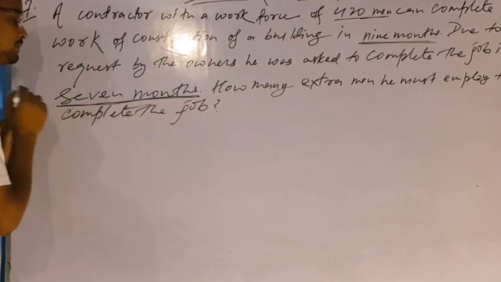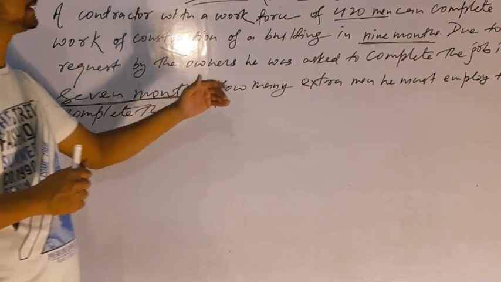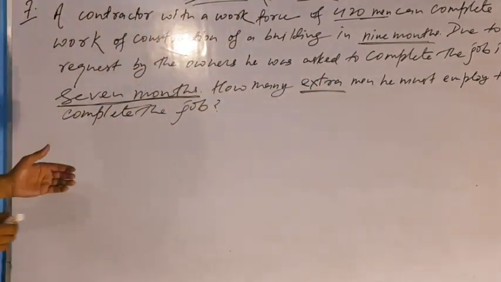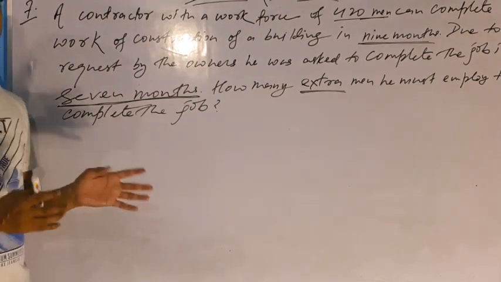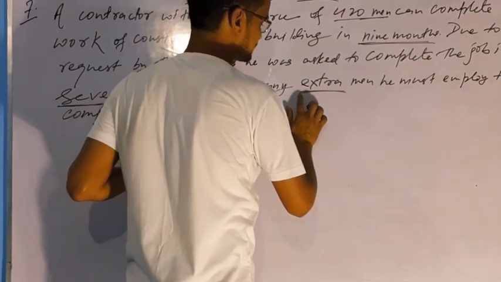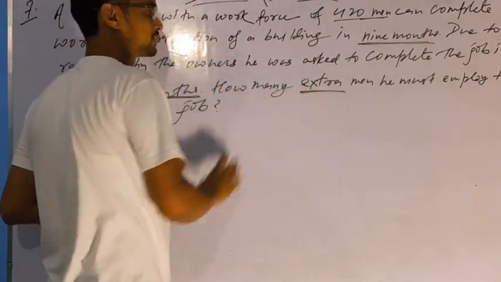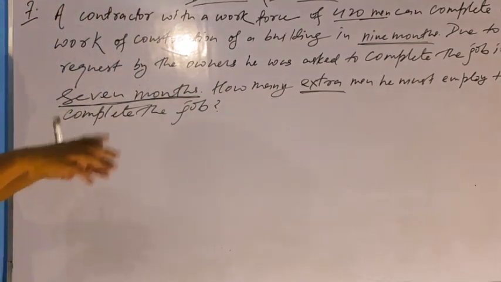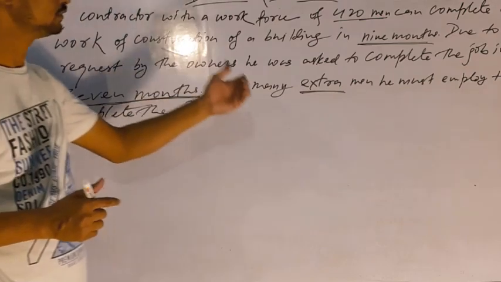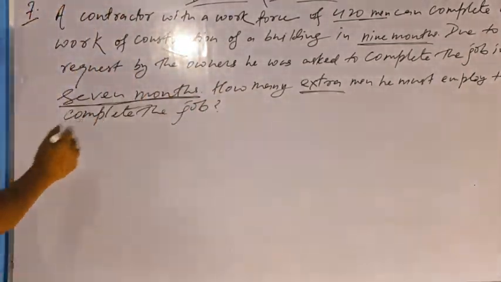That means the time taken is less. How many extra men must he employ to complete the job? Consider the point that the answer is asked as how many extra, not the number of workers to complete that job. Number of extra men involved to complete the job. Let the number of extra men be x.